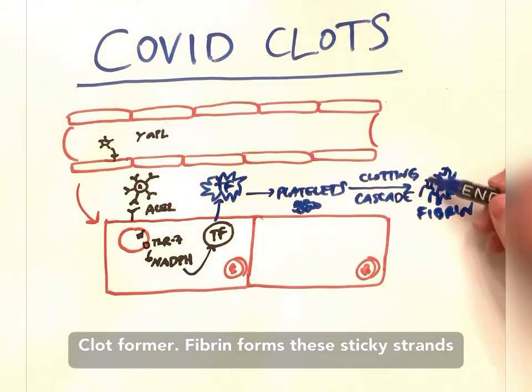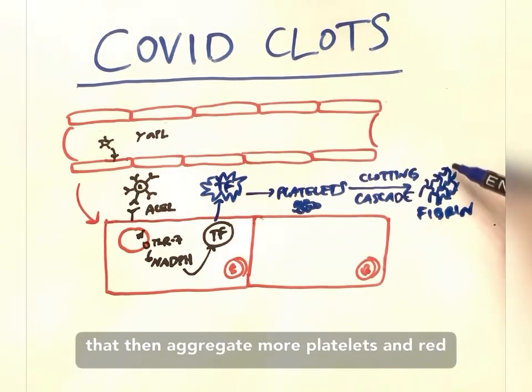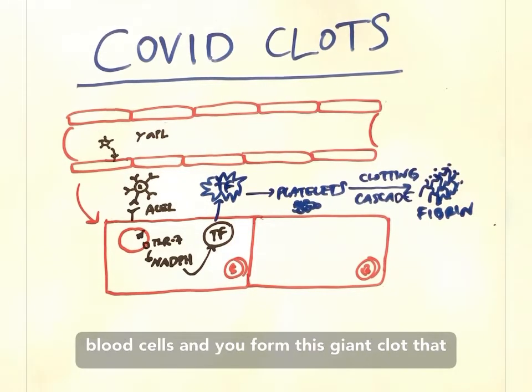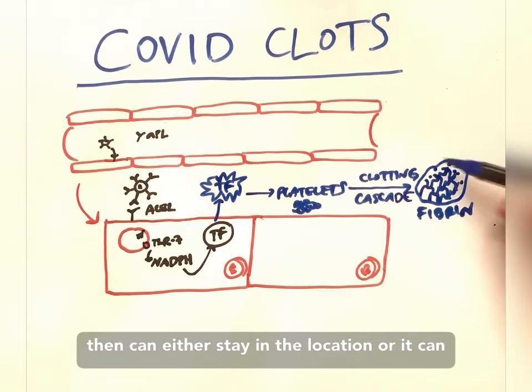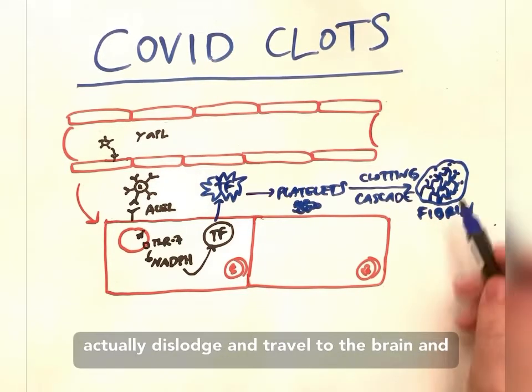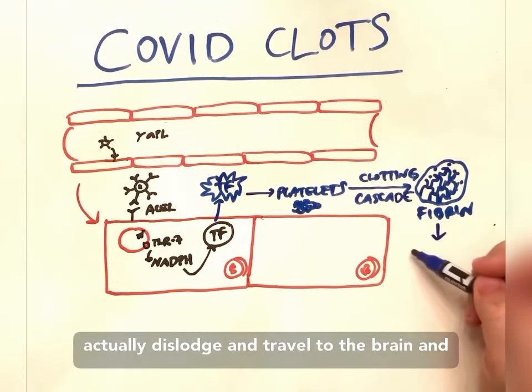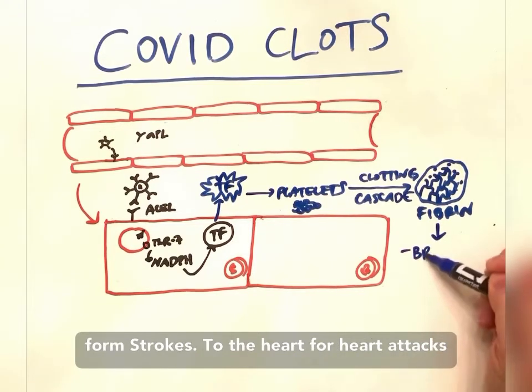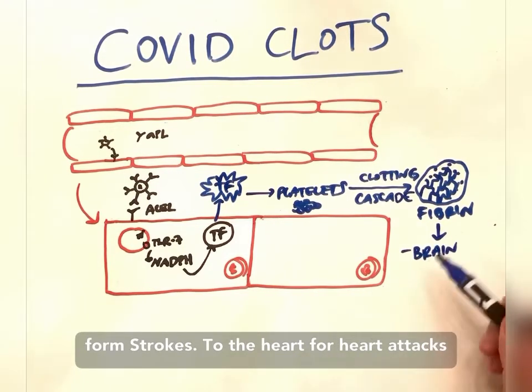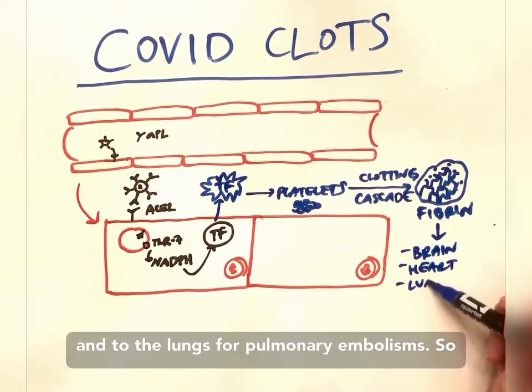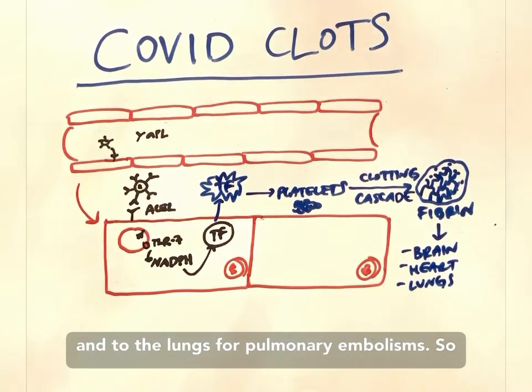Fibrin forms these strands that then aggregate more platelets and red blood cells, and you form this giant clot that then can either stay in the location or it can actually dislodge and travel to the brain and form strokes, to the heart for heart attacks, and to the lungs for pulmonary embolisms.